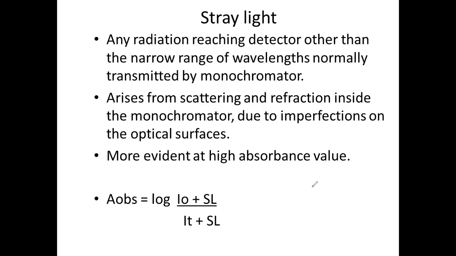Here you have a source followed by a monochromator, and the monochromator is desired to send 200 nanometer. So apart from 200 nanometer, if it is sending something else also, we call this stray light. This stray light generally originates from imperfection in the monochromator itself or other optical parts.